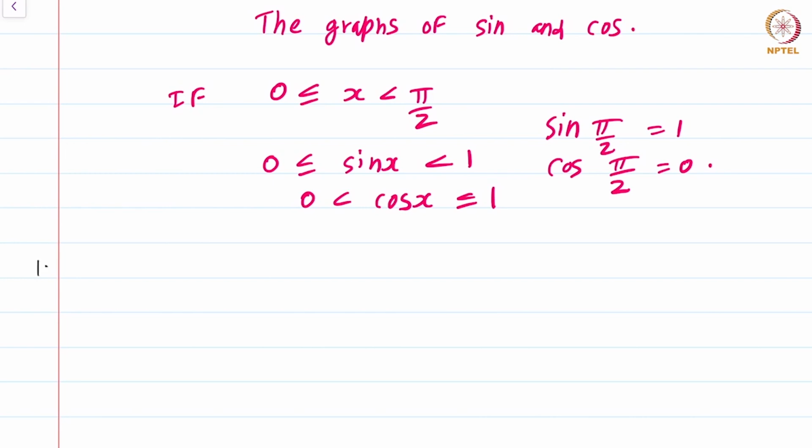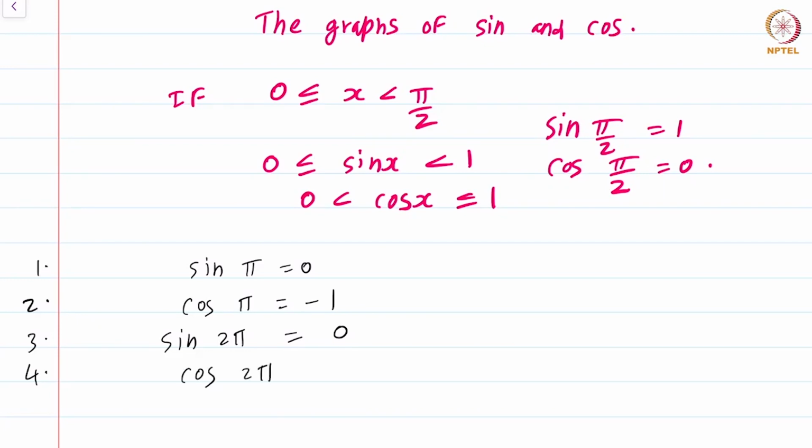Number 1, sine pi is 0, cos pi is minus 1, we have sine 2 pi is 0 and we have cos 2 pi is equal to 1.